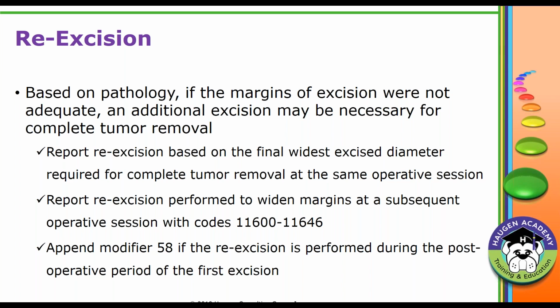In that case, you can report the re-excision based on the final widest excised diameter, and that's going to be required for the complete tumor removal during the same operative session. If they have to come back and widen the margins at a subsequent session, you can report that with the 11600 through 11646 codes, and you're going to have to append modifier 58, as it's a staged procedure in that case. So use modifier 58 if the re-excision is done during the post-op period of that first excision.